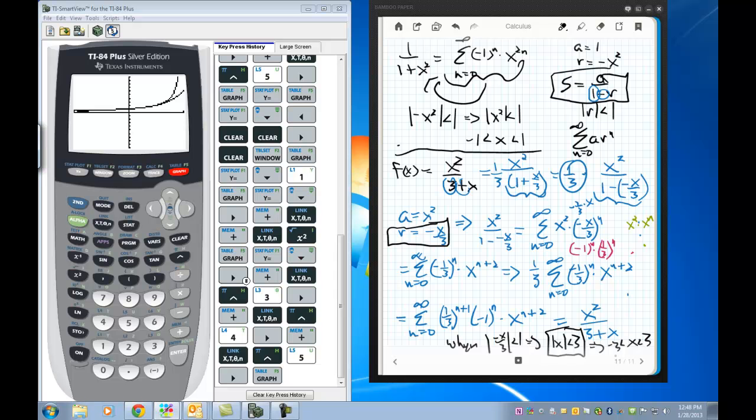So much fun. Nothing to it. Okay? So this is going to be true. This function right here is going to equal this power series so long as x is between negative 3 and 3. But furthermore, here's the coolest part.